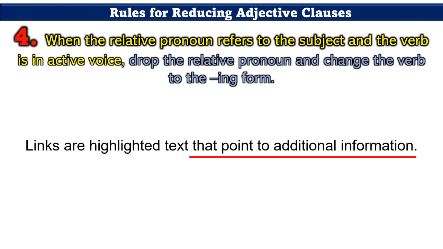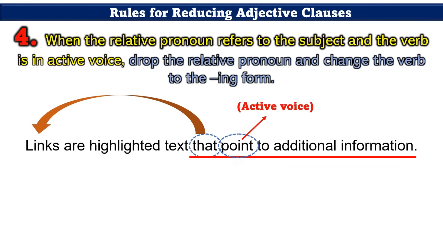The relative pronoun that refers to the subject or the term being defined, which is links. And also, the verb point is in active voice. Therefore, we can drop the relative pronoun, then add ing to the verb, so point becomes pointing. So this becomes the reduced definition.